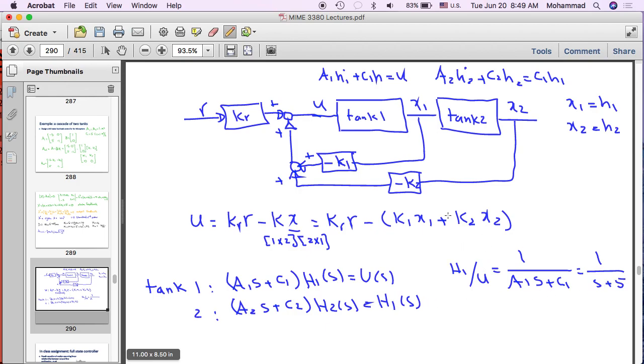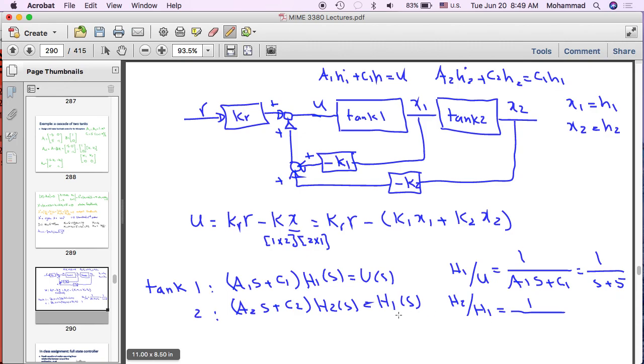What goes into the second tank, X1 is its input, X2 is output, so that's H2 over H1 is the model that goes into the second, is equal to 1.